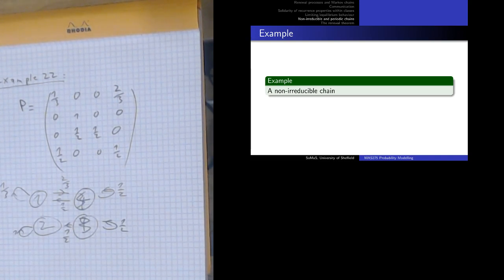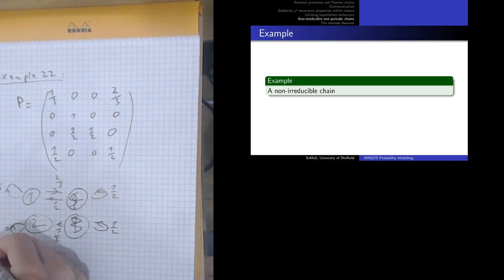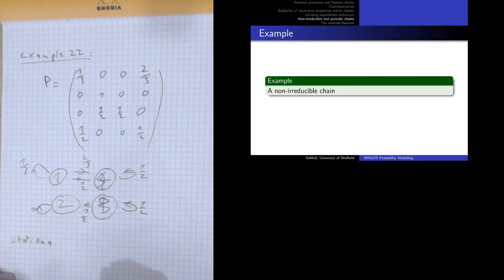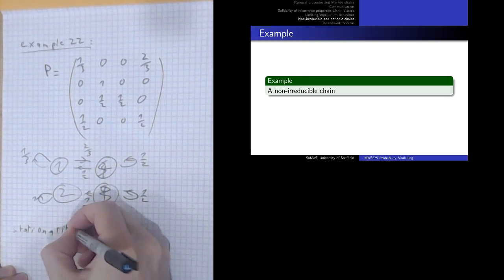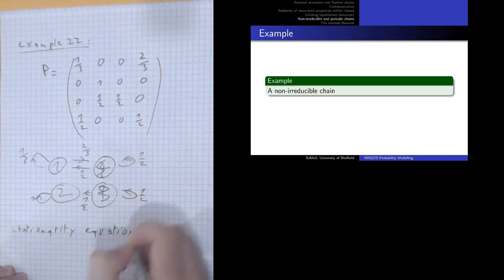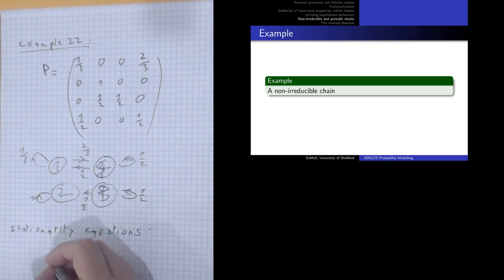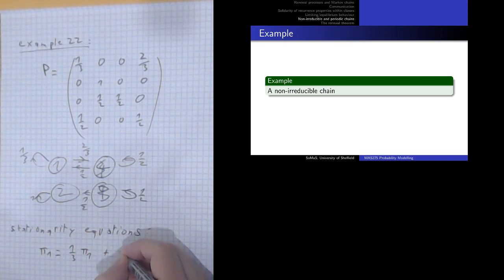So what happens if you try and find a stationary distribution? So let's try and solve the stationarity equations. If you remember how this works, we get pi1 equals 1/3 of pi1 plus 1/2 of pi4.